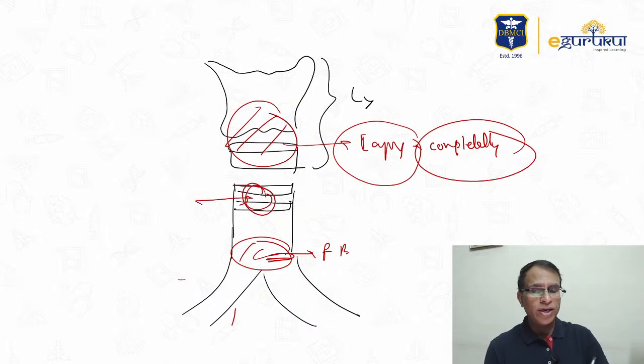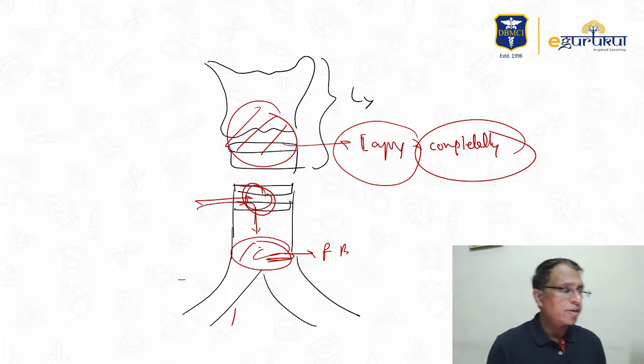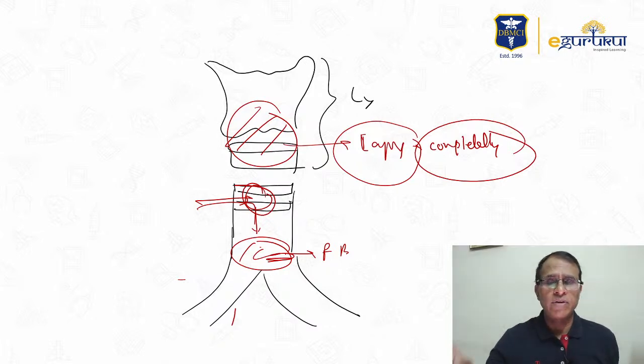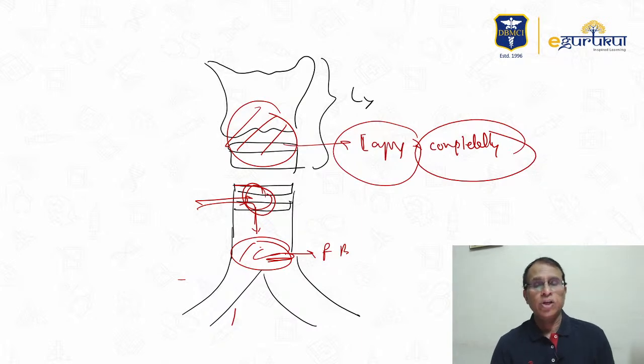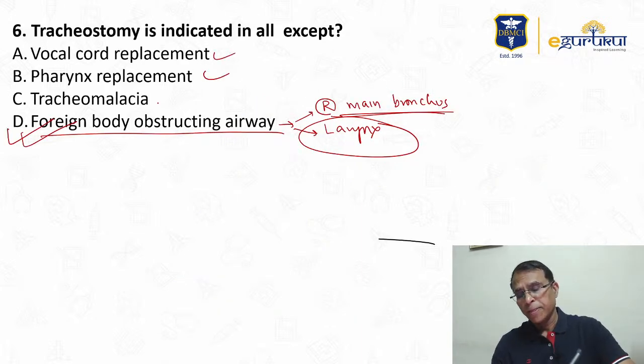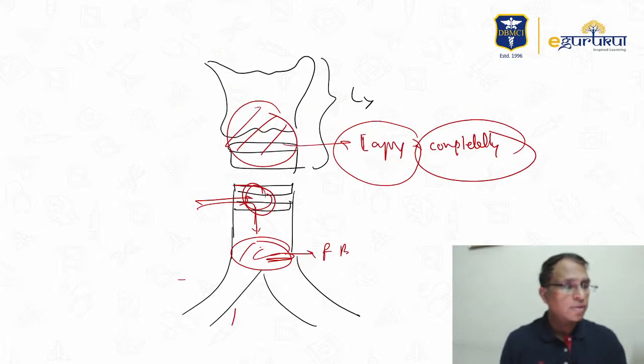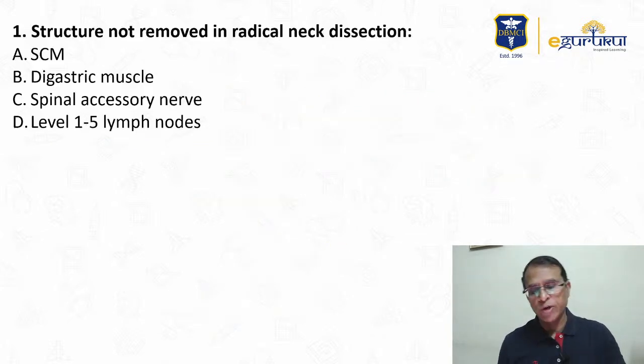You make an opening here, the air you breathe from here is still getting obstructed here, isn't it? Getting the point? Even then, tracheostomy in a foreign body of the airway is a waste of time, a useless thing, we don't do it. So even if you don't know all this, you can answer this question. I hope that clarifies a lot of points.